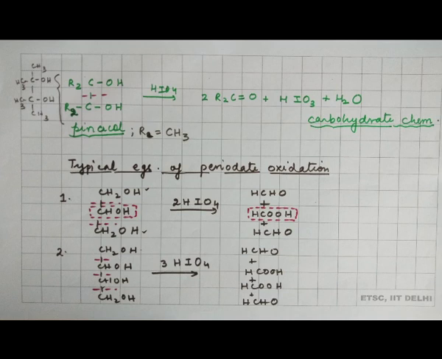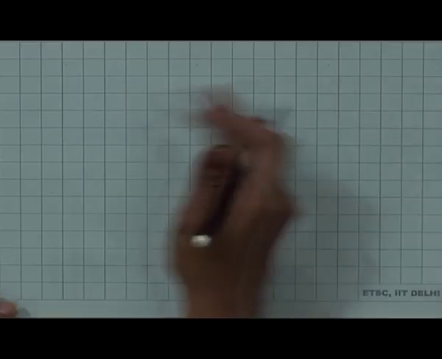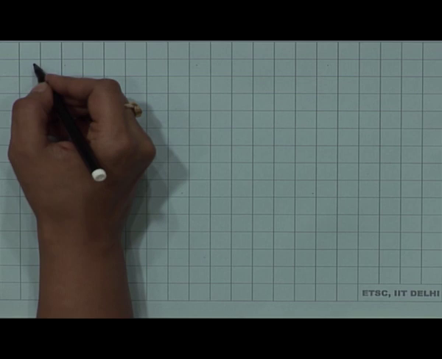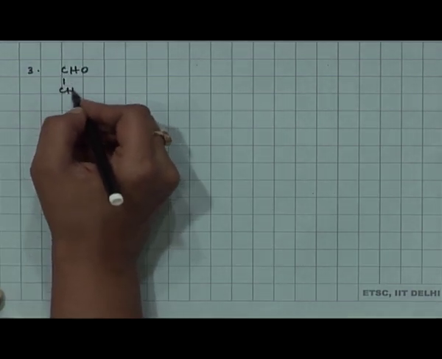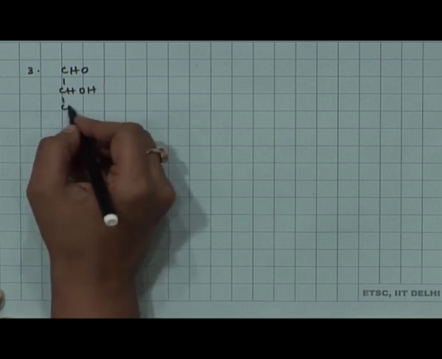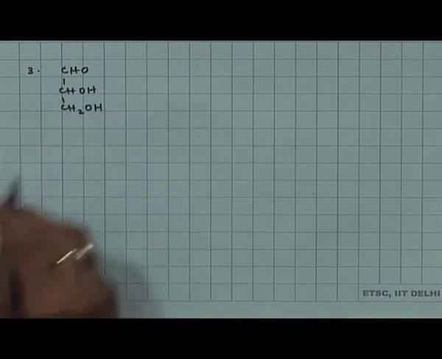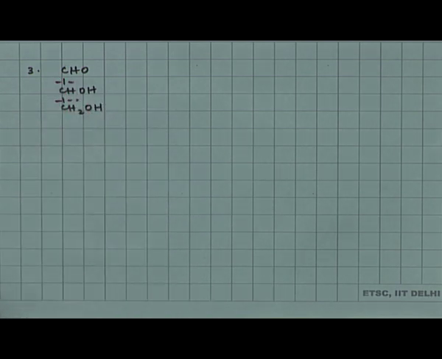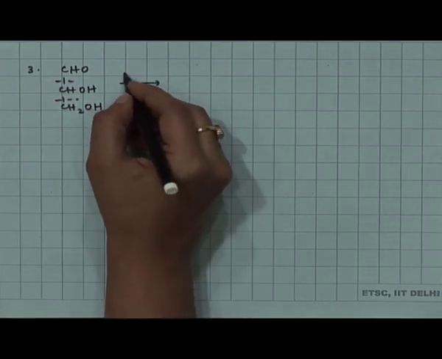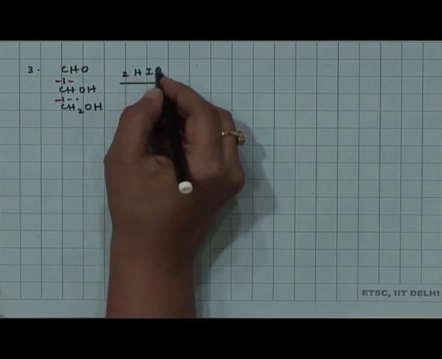So, this is what happens in case of sugars. If you have a terminal formyl group in this molecule, again we are looking at 2 carbon bond cleavages, so treat it with 2 moles of HIO4.